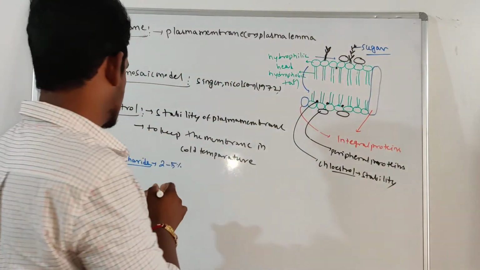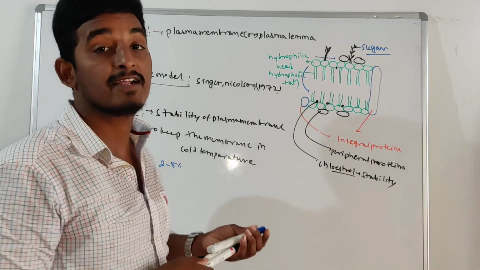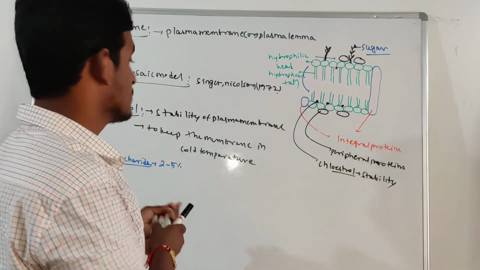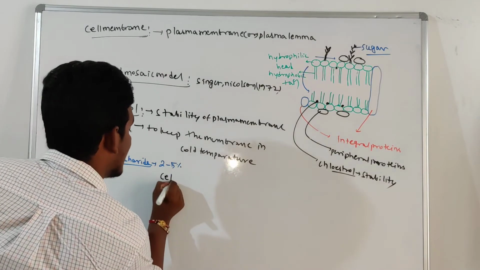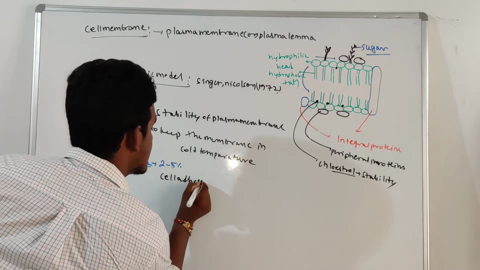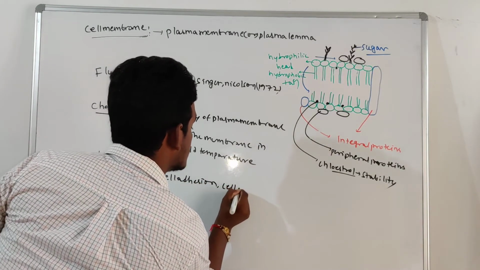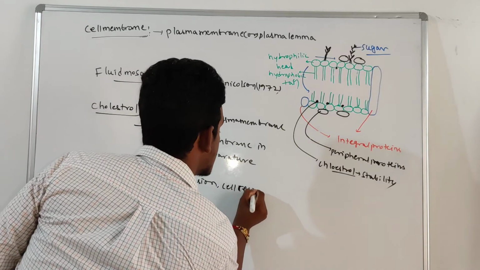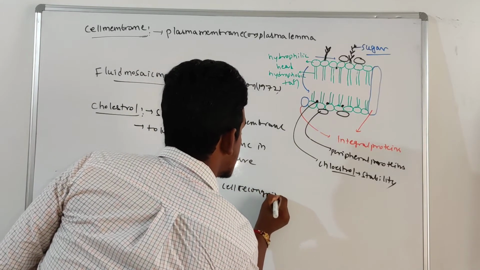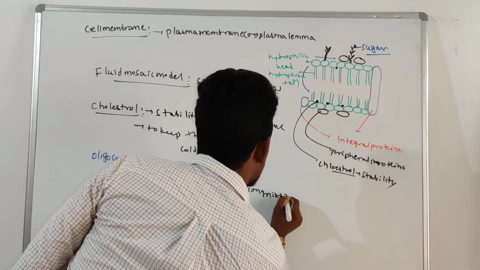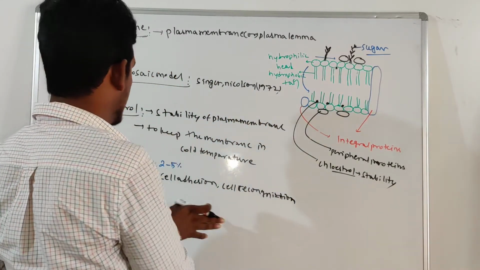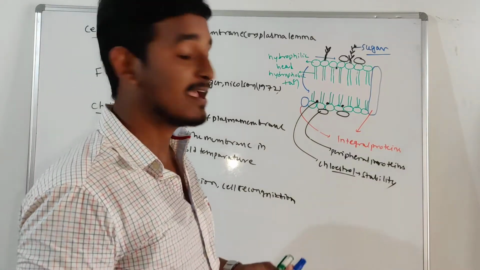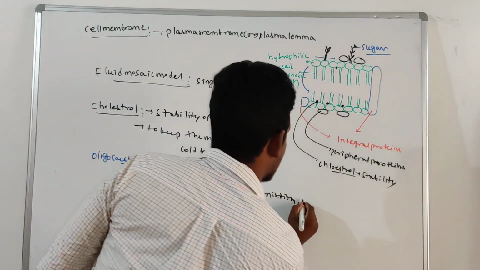So what is the use of these oligosaccharides or carbohydrates? Here it is helpful to perform various types of functions like cell adhesion and cell recognition. These functions are mainly performed by this oligosaccharide, and it also helps in cell signaling.